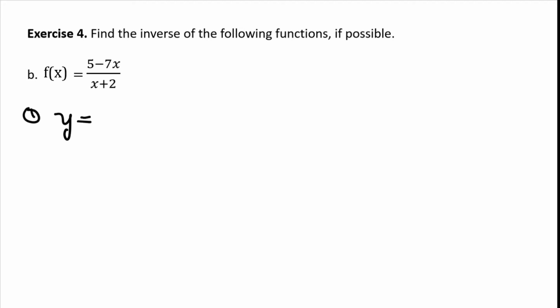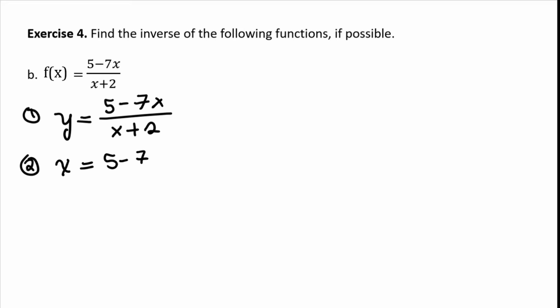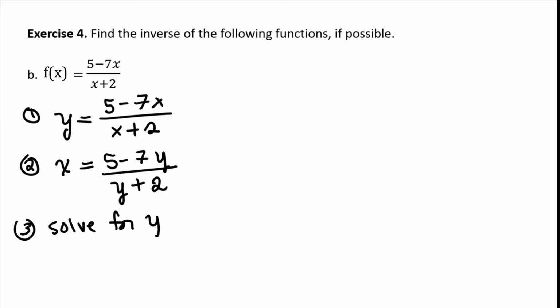So y equals 5 minus 7x divided by x plus 2. Now switch the x's and y's, so I'll have x is equal to 5 minus 7y divided by y plus 2. The next step, step 3, is to solve for y.